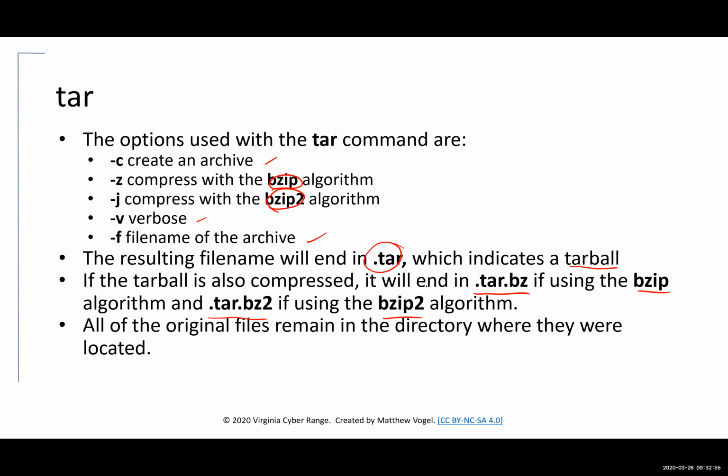But as somebody who's not creating huge archives, if you're just doing this to archive small numbers of files for yourself, then the efficiency of the algorithm is really not important. But the reason you need to know the difference between those two is that if there's some compatibility issue, like if somebody's system isn't compatible with one or the other compression algorithms, you may have to select between the two. But for 99% of use cases, you can select one or the other of these pretty much arbitrarily.